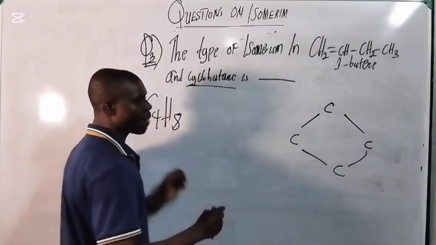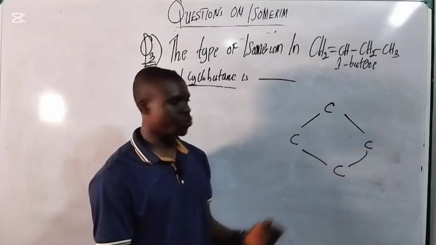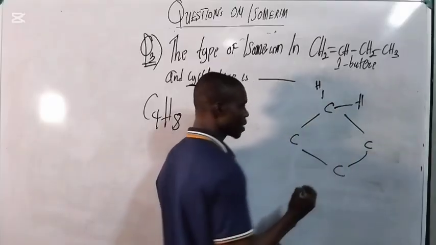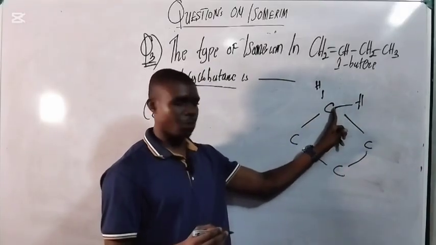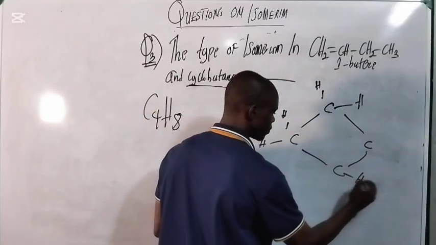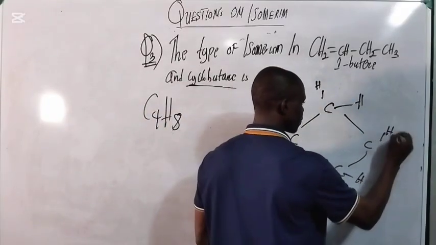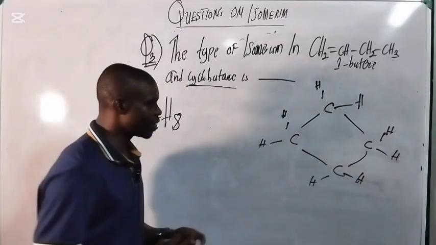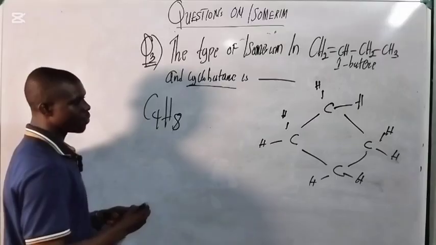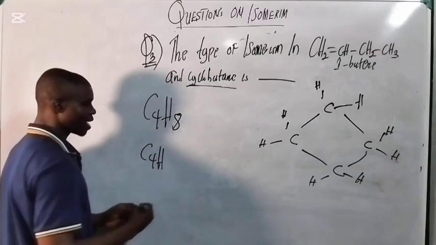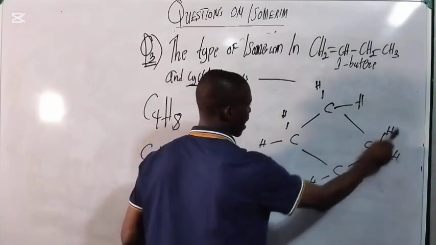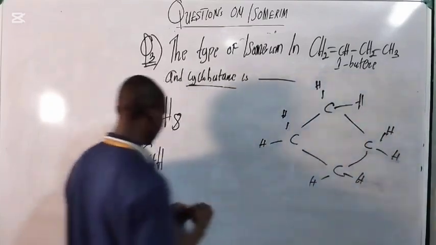Remember, carbon must have 4 bonds, so when you draw it like this, you need to add 2 hydrogen on each carbon to make carbon have 4 bonds. If you check it very well, here we have 4 carbon, C4H, and the hydrogen is 1, 2, 3, 4, 5, 6, 7, 8.